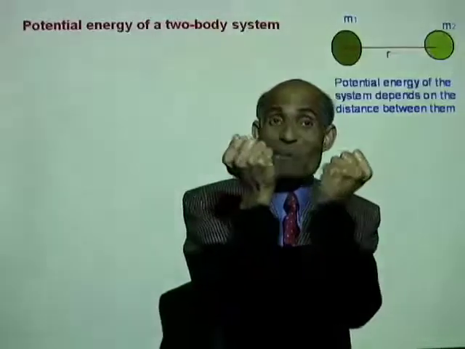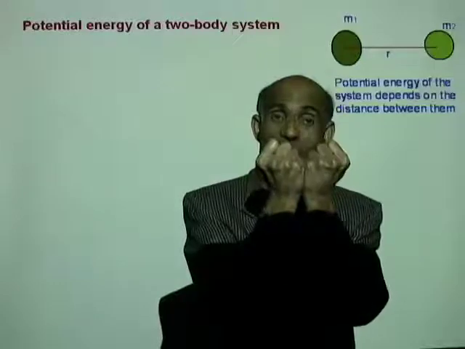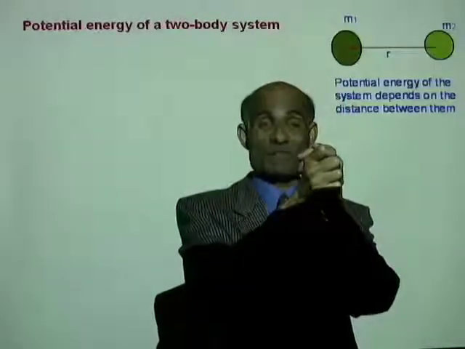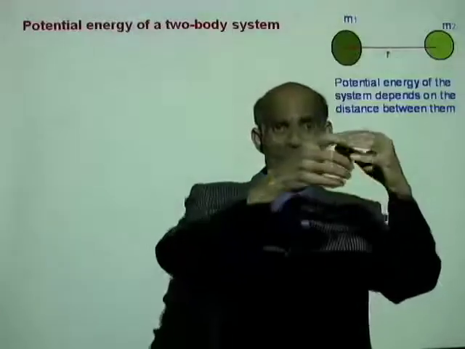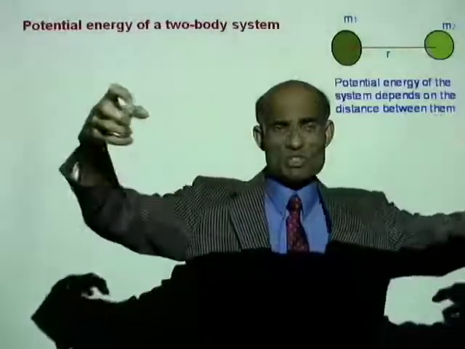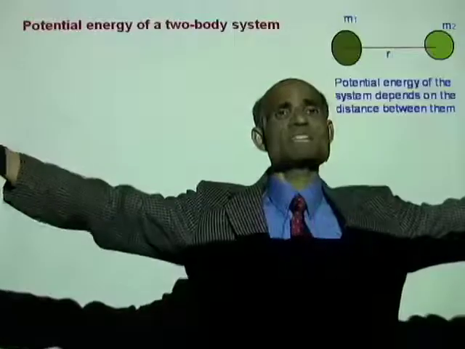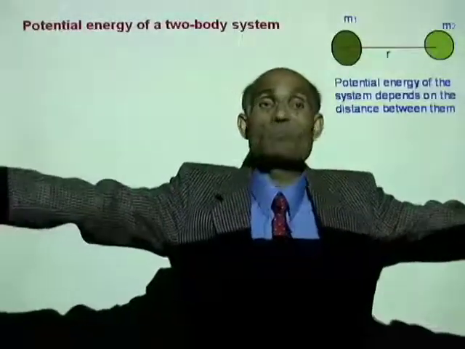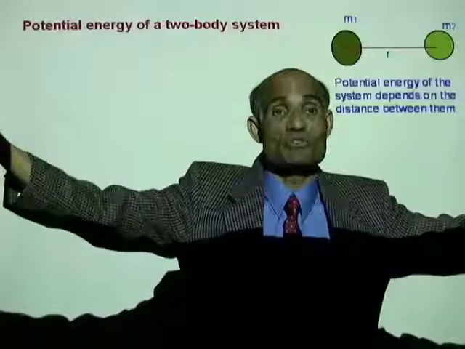When do they have the minimum potential energy? Potential energy is minimum when the objects are very close together. Potential energy is maximum when the distance between them is infinity. And we will assume that at that time the potential energy is 0.